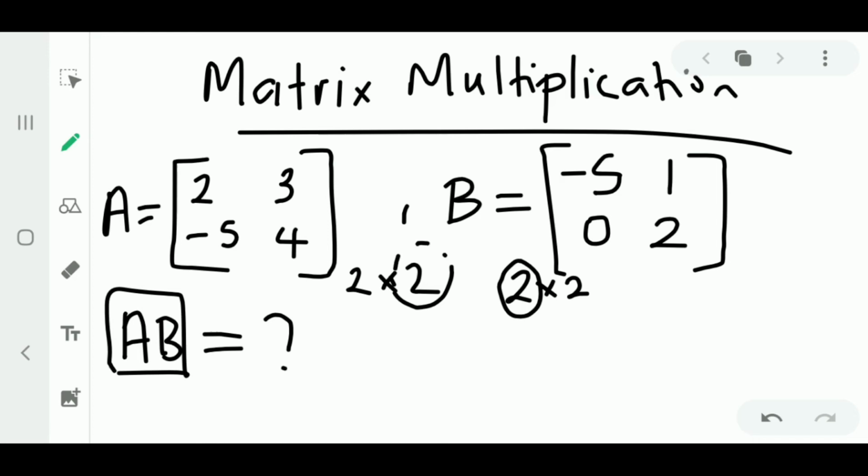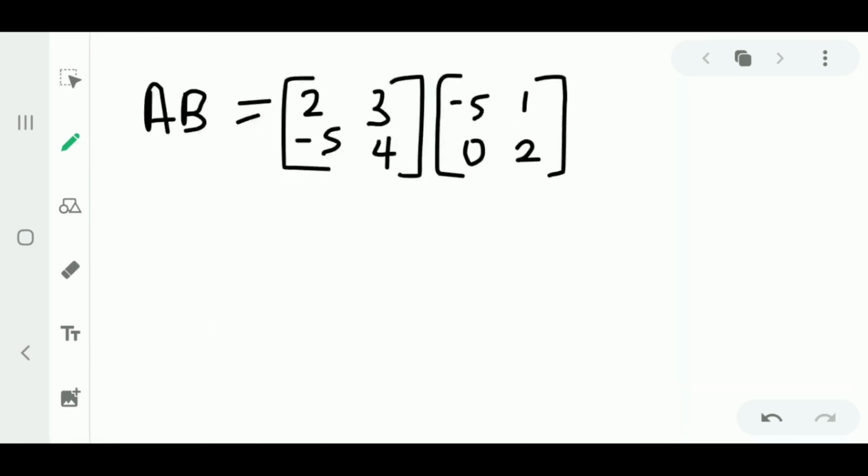So this is 2 and this is 2, hence they are compatible. Now the numbers on the outside here will tell you the order in which the final answer should be. So let's say we want to find AB. So what we do, we multiply the rows of the first matrix by the columns of the second matrix. So it is row by column.